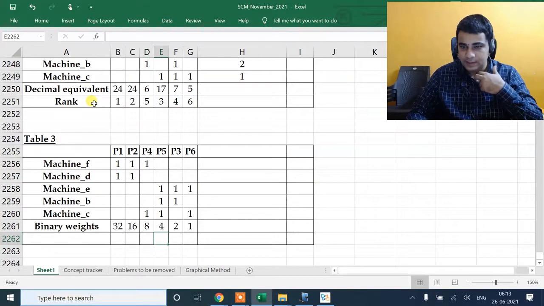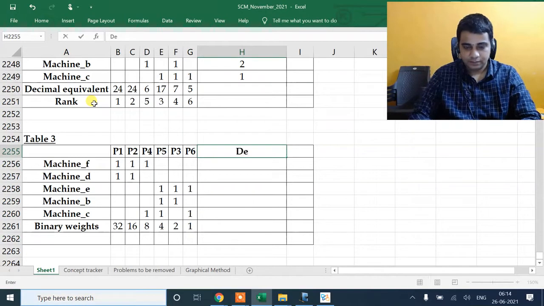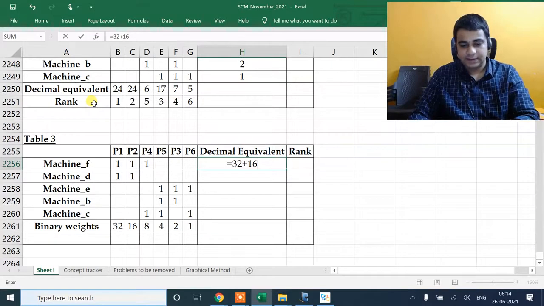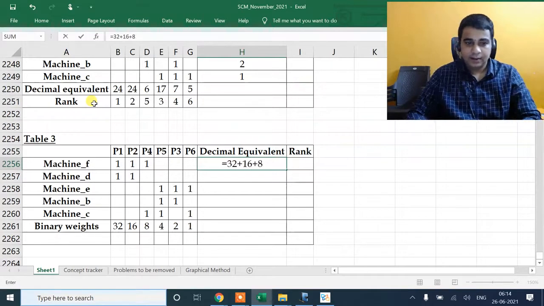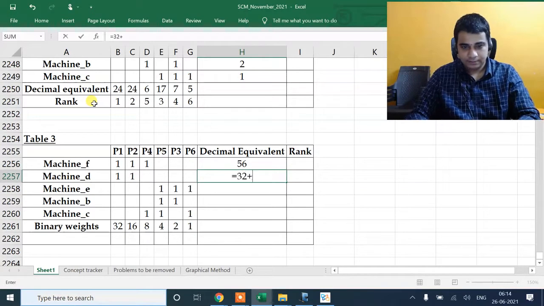Binary weights are introduced. This will become 32 plus 16 plus 8. Do let me know if at all there is a doubt here, okay?